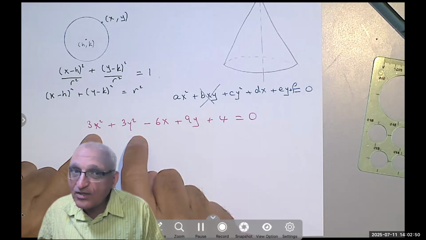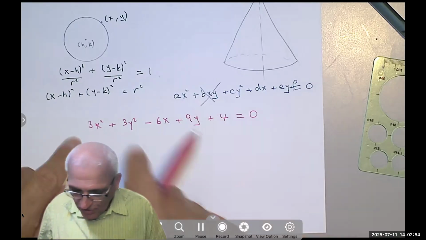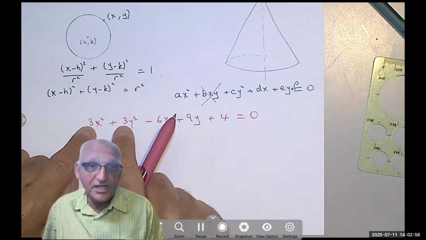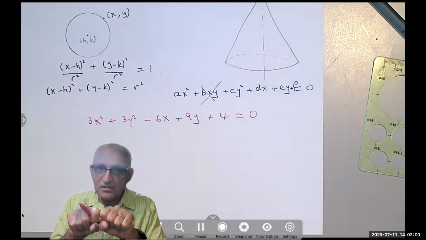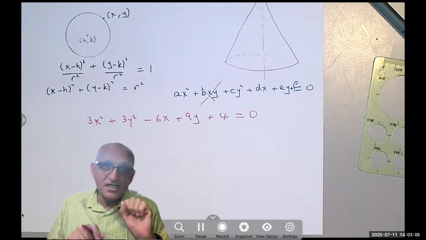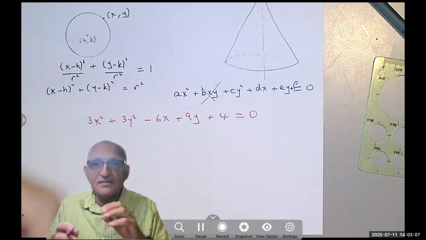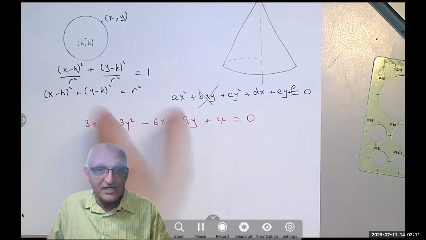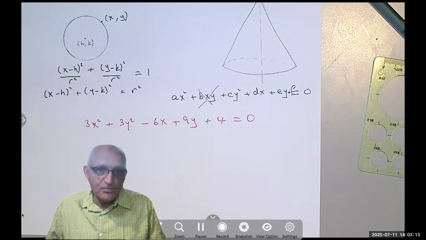If I only have one of them, it's a parabola. And then I'm going to look at the coefficients of x squared and y squared. If they are equal, it's a circle. If they are different but having the same sign, it's an ellipse. If they have opposite signs, so this is a 3 and that's a -3 or vice versa, then that's a hyperbola.